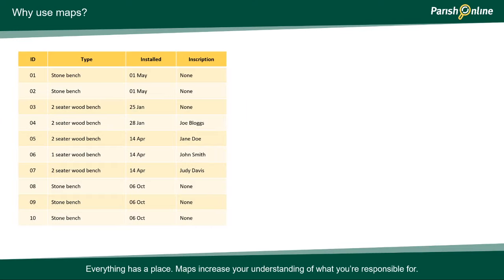In this case, we've got a list of benches, and that's really useful information and could be stored on your computer, and you could use that as a perfectly acceptable asset register. But what we like to think is that with everything that has a place, adding your information onto a map gives you a much better idea of what the distribution and your responsibilities are in your area.